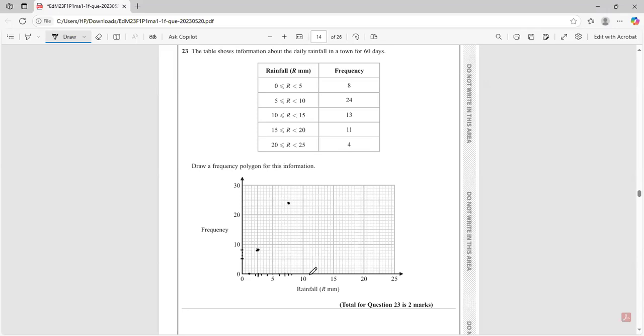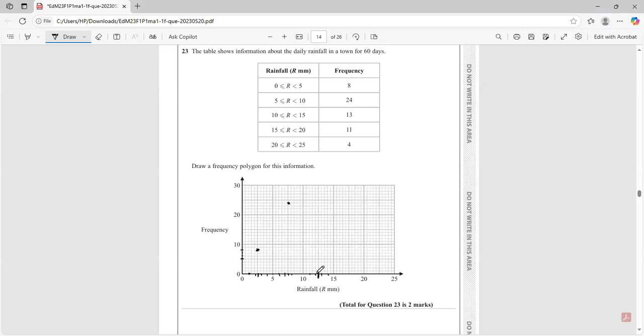Let's quickly gauge 10, 11, 12, 13, 14. So this is 14, and this is 13. So 12.5 will be somewhere here.